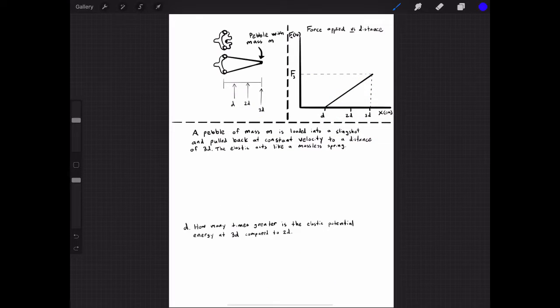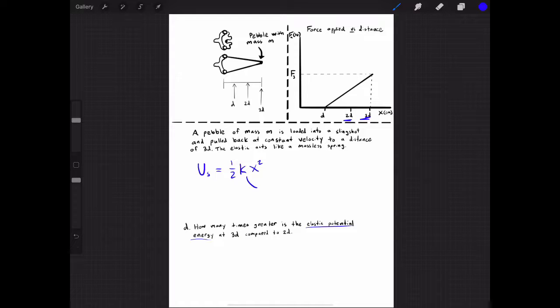Look at part D. How many times greater is the elastic potential energy at 3D compared to 2D? Okay, so for this one, we're dealing with elastic potential energy. If we remember from our Hooke's law equations, we know that potential energy of a spring, or elastic system, is equal to 1/2 K, the spring constant, times x squared, where x is the amount it stretched from equilibrium.